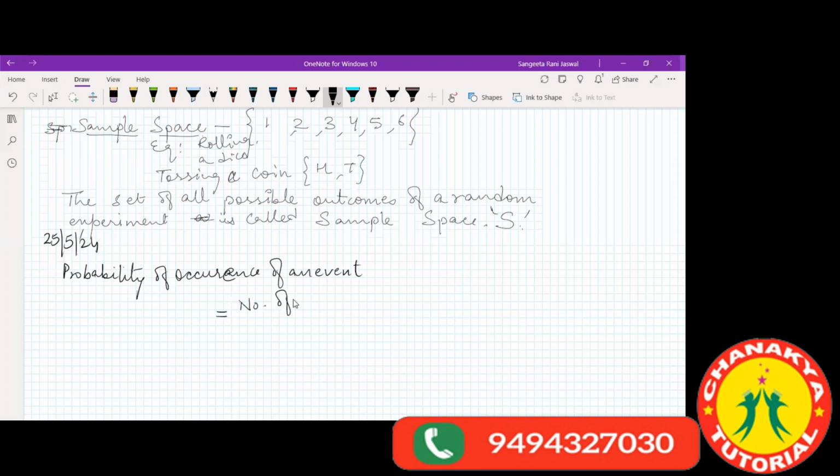See, this is the main formula that always goes in the probability part: number of favorable outcomes upon total number of outcomes.